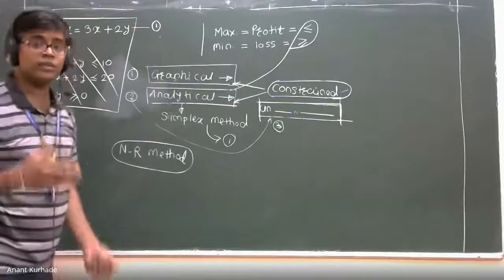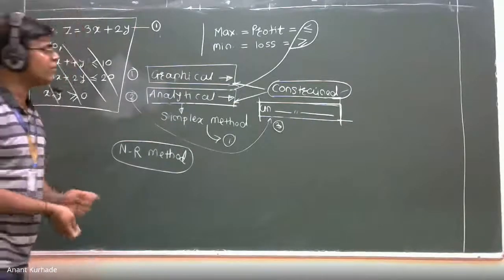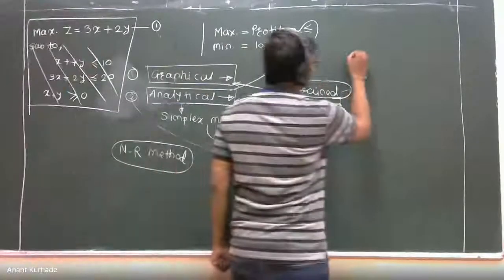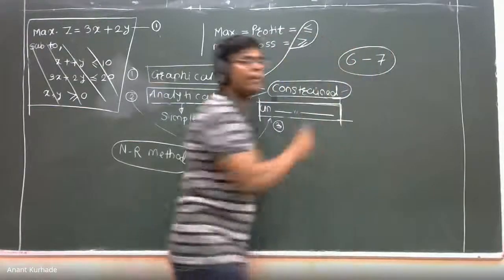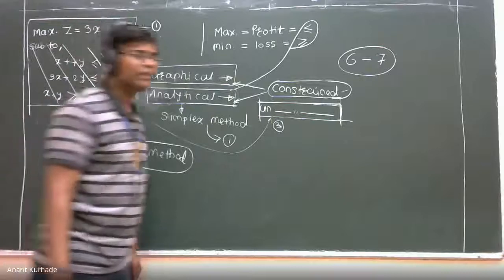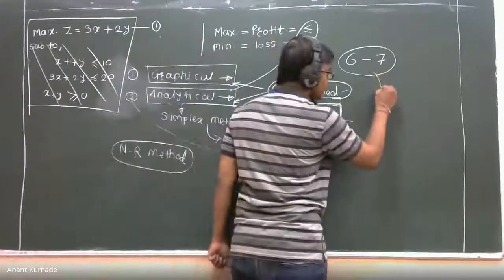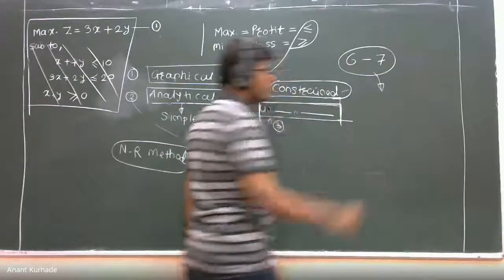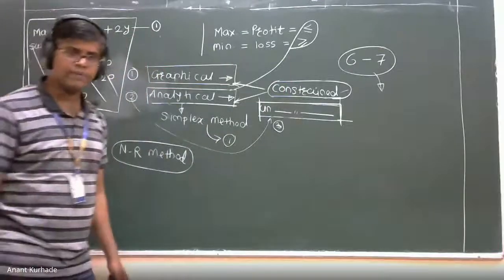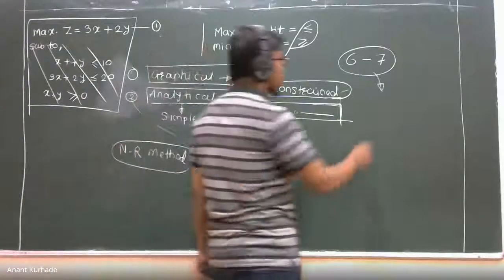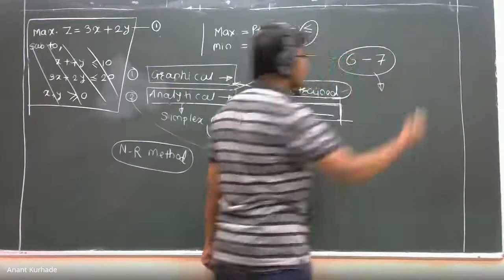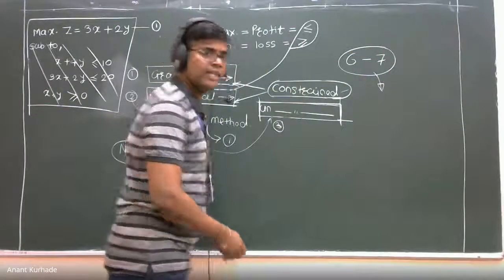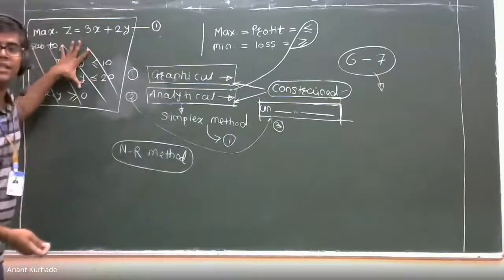Now, in some cases, you are given 6 to 7 lines of theory part, and the question is that from these 6 to 7 lines, you have to understand the problem and rewrite it in the same format.